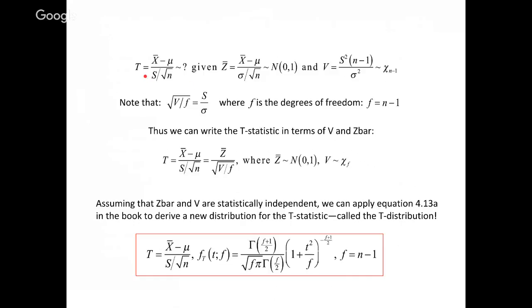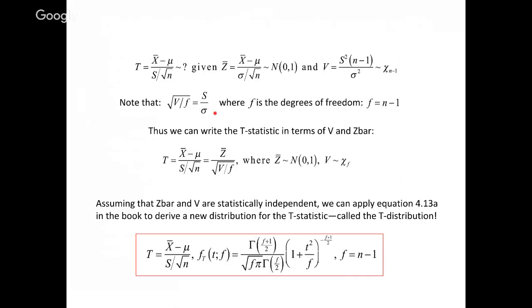I just rewrote the same expression at the top of the slide. The relationship between t, z, and v can be developed by noting that if you bring the degrees of freedom over to the left-hand side and take the square root, the square root of v over f is just equal to the sample standard deviation divided by the population standard deviation.